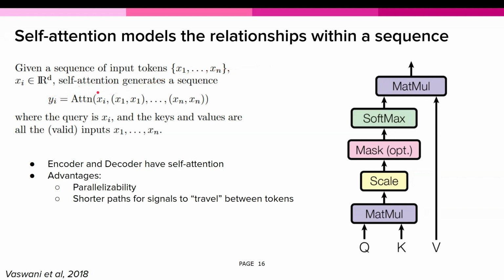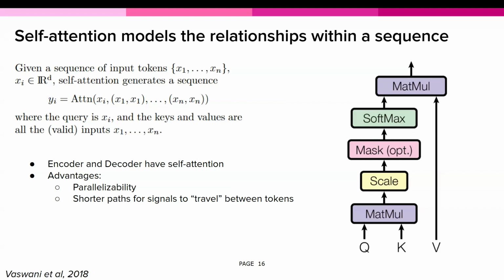This models relationships within a single sequence, simply considering how each token relates to every other token in that sequence. In this setup, each token in the input sequence is going to generate its own query, its own key, and its own value vectors through learned transformations.